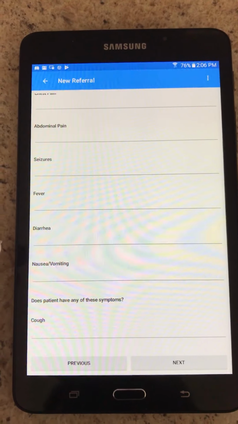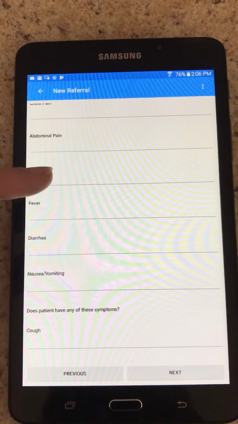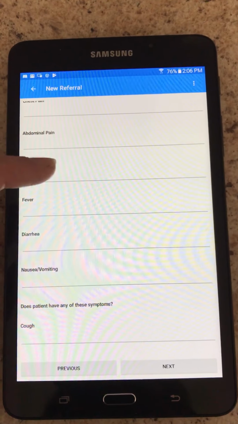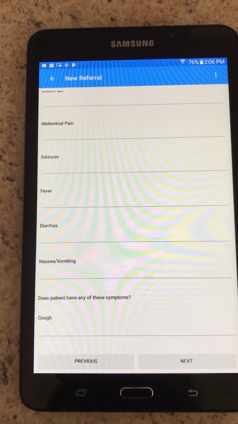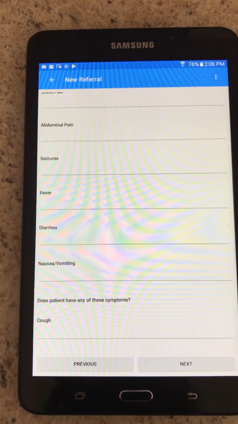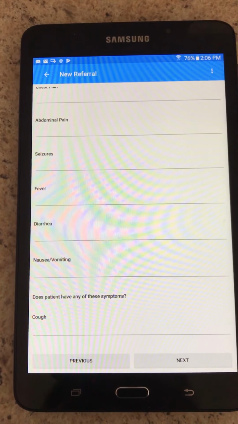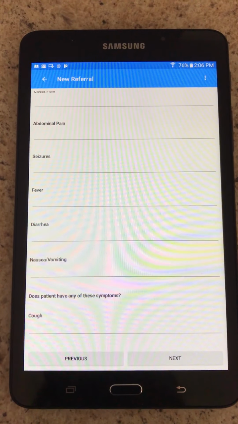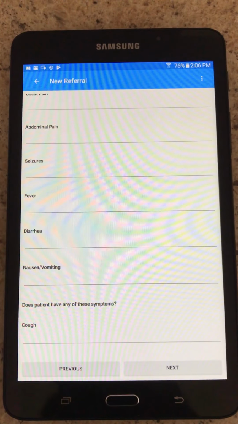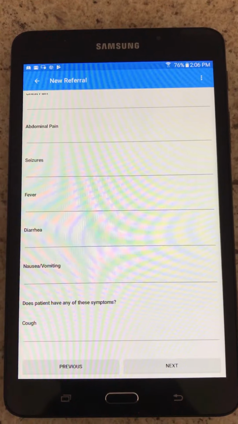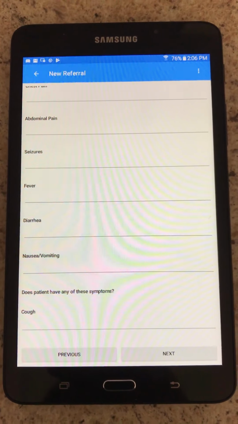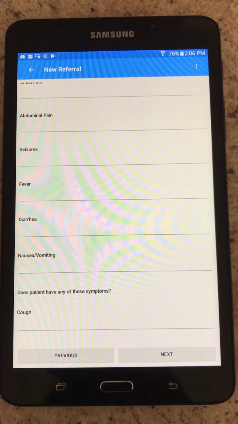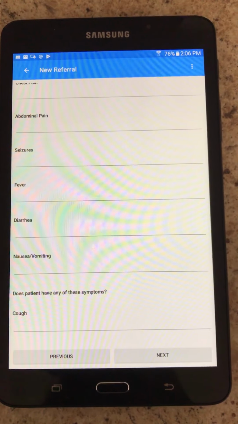So please ensure that any symptoms you are concerned about with the patient, you select, and then answer whatever questions you are able to answer about those symptoms. Just give the information that you have, that the patient is able to tell you, and that will ensure that the physician who is viewing this case is able to respond to you quickly and give you a thorough response that is very helpful.